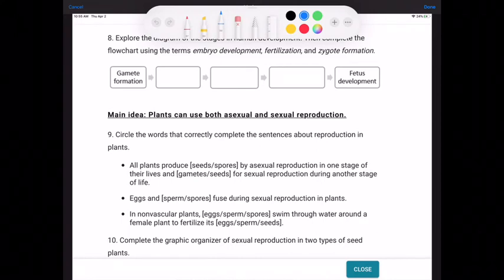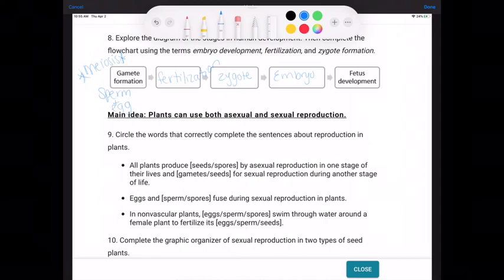So once the gametes form, that's sperm and egg forming. And if you remember, they form through the process of meiosis. Make sure you know that. Once they form, fertilization can happen. That means that the sperm and the egg can join, and from there, a zygote forms, an embryo develops, and then you have the fetus developing.